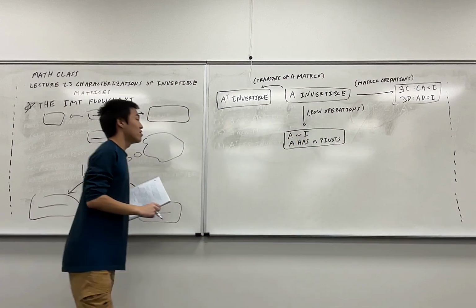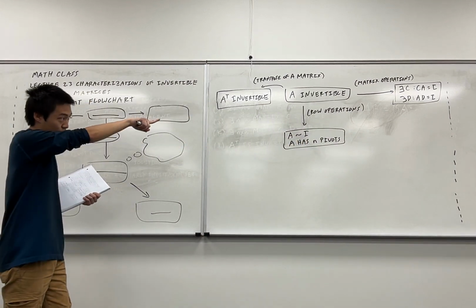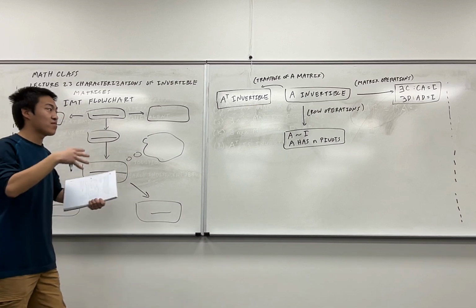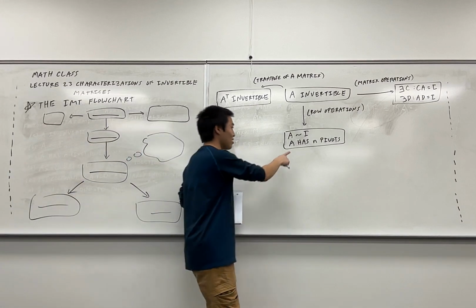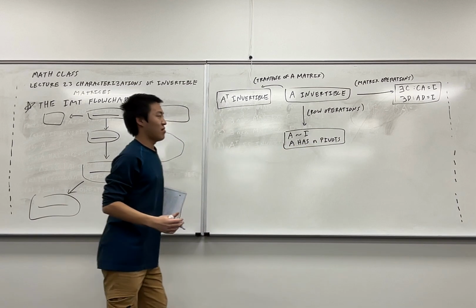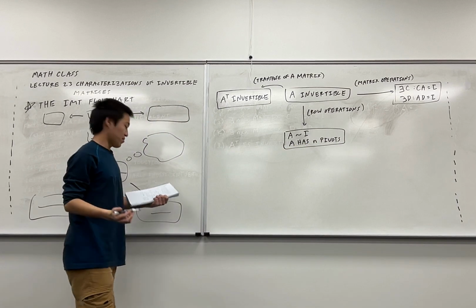Okay, so I can get from invertible, knock down the next domino for row operations. A has got to go down to the identity. That's the whole purpose of that one algorithm. And by doing that, we've essentially assumed, logically, that therefore there have to be n pivots. There's no other way that works.